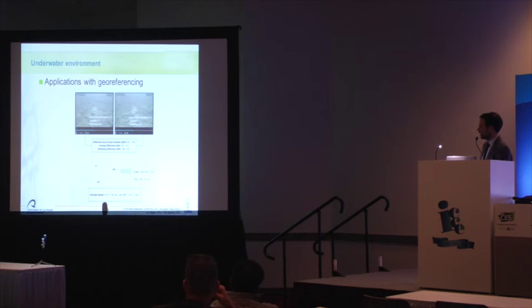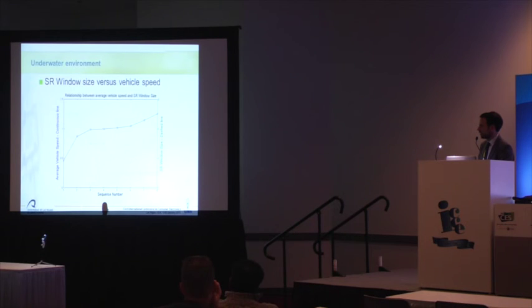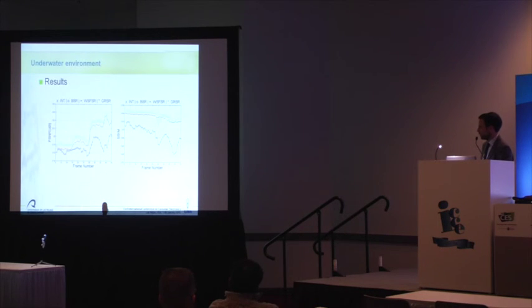What we did was decide the number of frames to be used in the super resolution process depending on the vehicle speed. If we have a faster speed, then we will use fewer frames in the process. It worked very well, and these are some results.